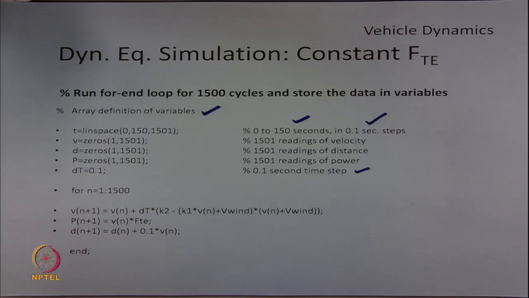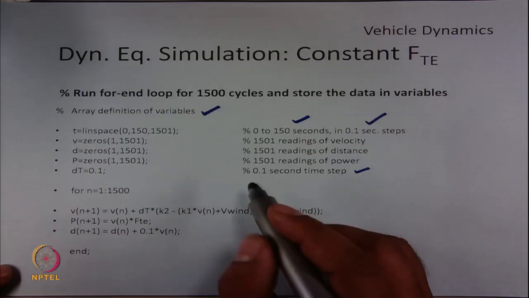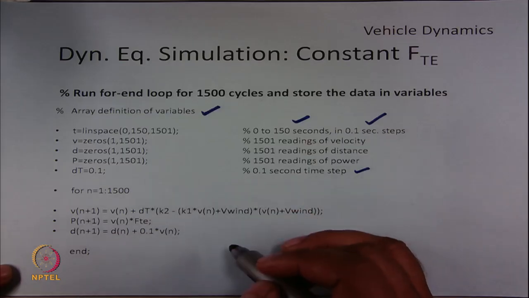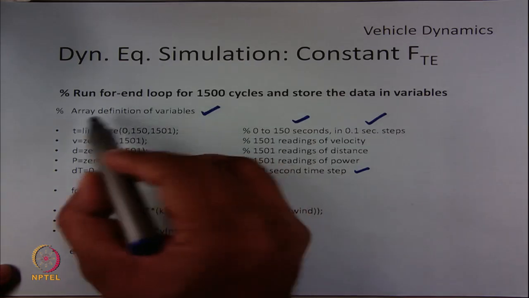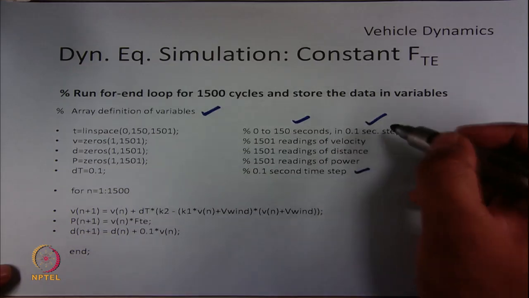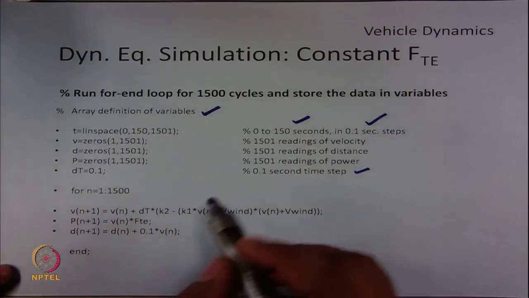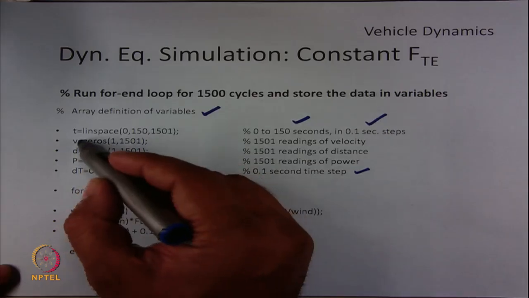So, after the variables are defined and their values are given, in the next step we have to write program for initializing the arrays for storing the different values of velocity, distance and power at different time steps of, let us say, 0.1 second for simulation. So, first we have to define arrays for storing the values of velocity, distance and power.